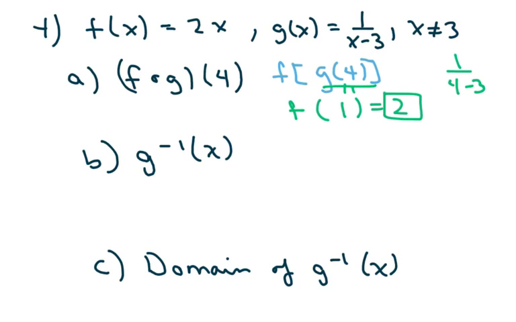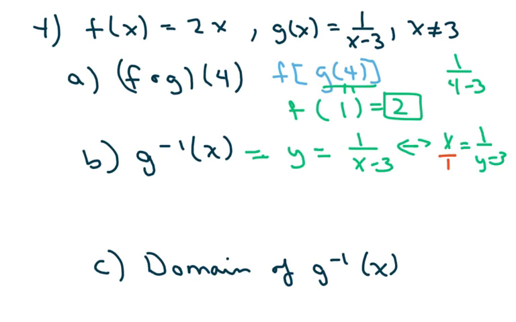Now they want you to find the inverse of g. So again, all I'm going to do is write this as y equals 1 over x minus 3, and then switch the x and the y. So x equals 1 over y minus 3. Now I'm going to cross multiply here, put that over 1, get xy minus 3x equals 1, and from here you solve for y.